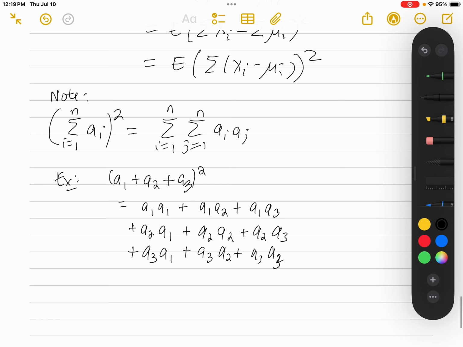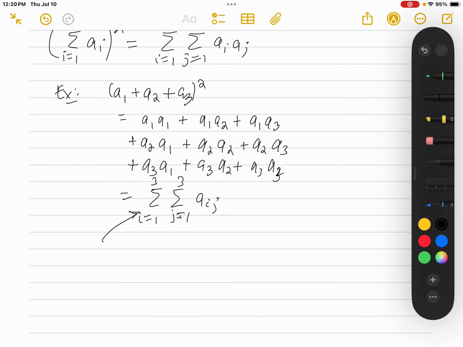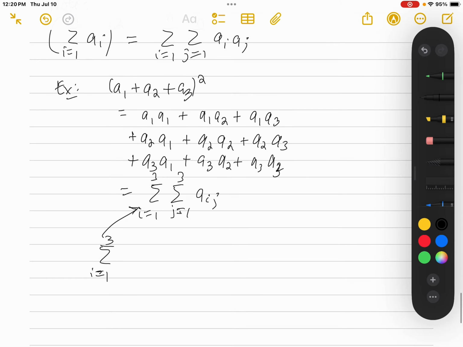So what you're doing is taking the sum of the ai aj from j equals 1 to 3 and from i equals 1 to 3.